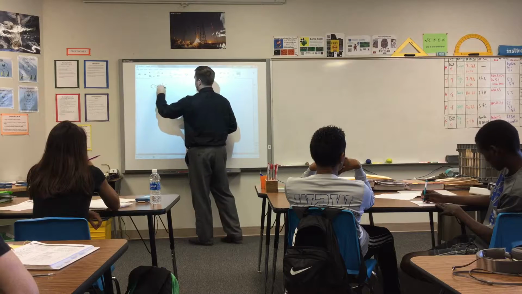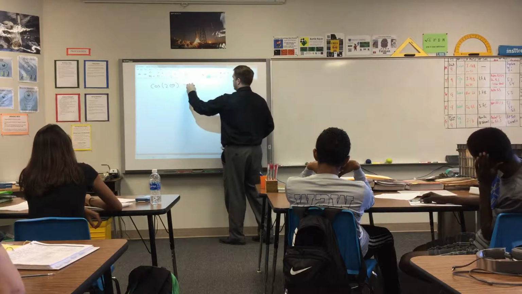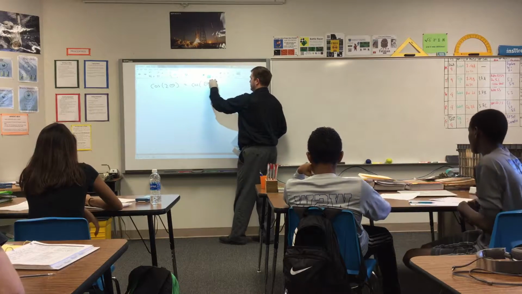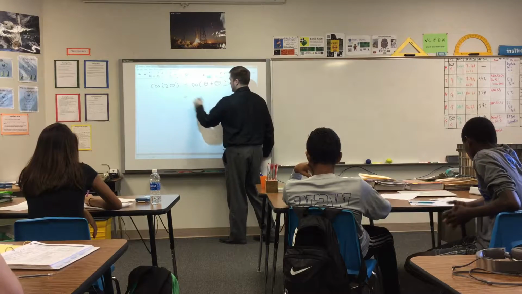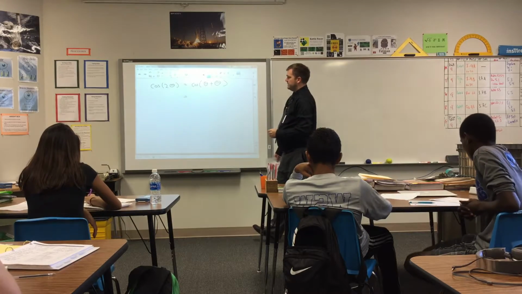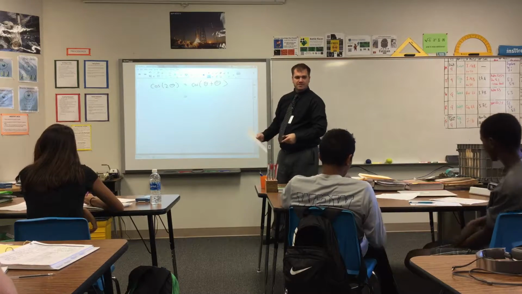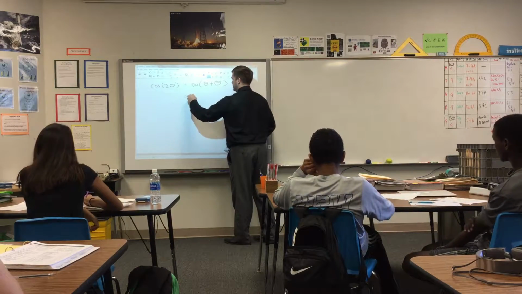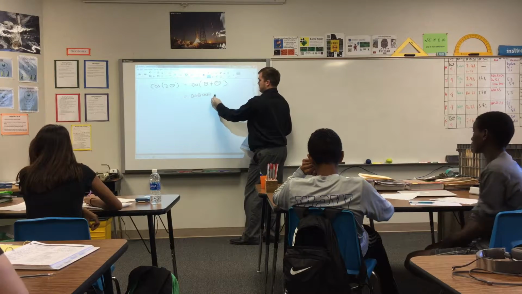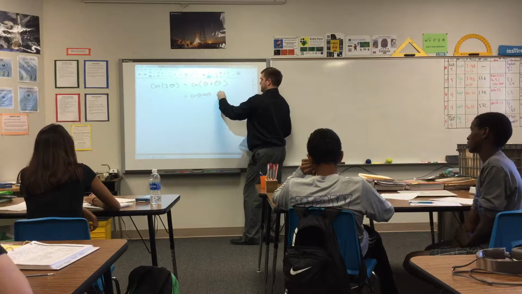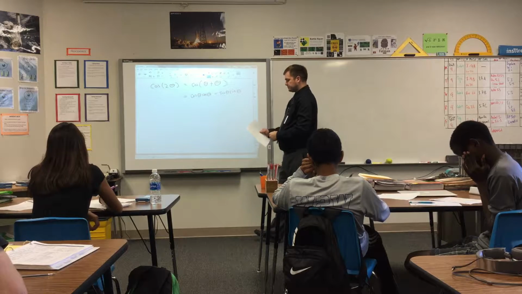So our cosine formula, cosine 2 theta, is going to be cosine of theta plus theta. So somebody read off to me what was the sum formula for cosine. So cosine theta cosine theta, plus or minus? Minus sine theta times sine theta. Alright?